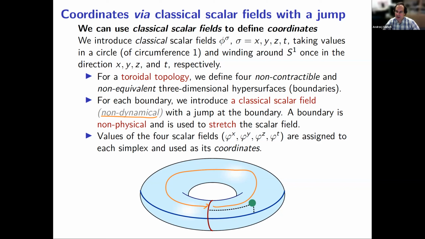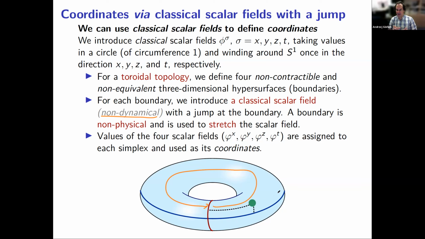We can define 4 non-contractible and non-equivalent three-dimensional hypersurfaces, which we'll call boundaries. Here you have a two-dimensional example of a torus T2, and we can define 2 non-contractible and non-equivalent one-dimensional hypersurfaces, which are denoted with this red ring and this blue ring.